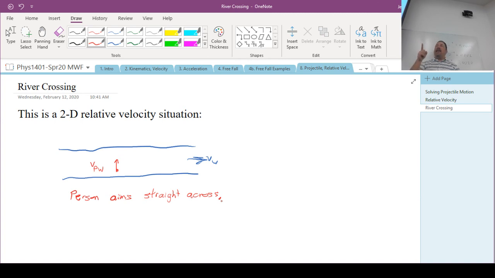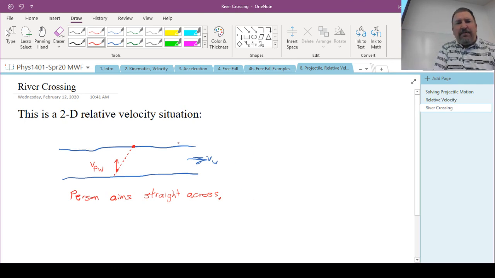A heading is where the nose of the person or the nose of the boat or the nose of the plane points, and they're pointing in the y direction. But the bearing is the actual direction to some actual object or destination. And in this case, as they try to swim straight across, the water's going to carry them downstream, so their bearing is going to end up being diagonal.